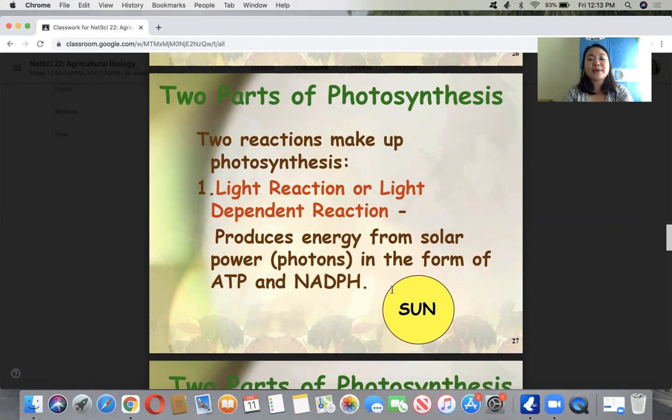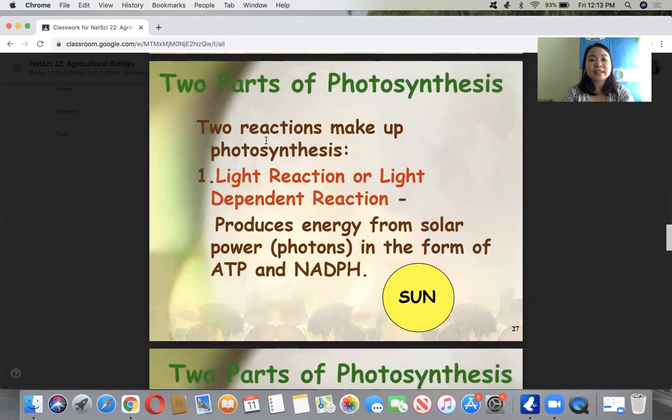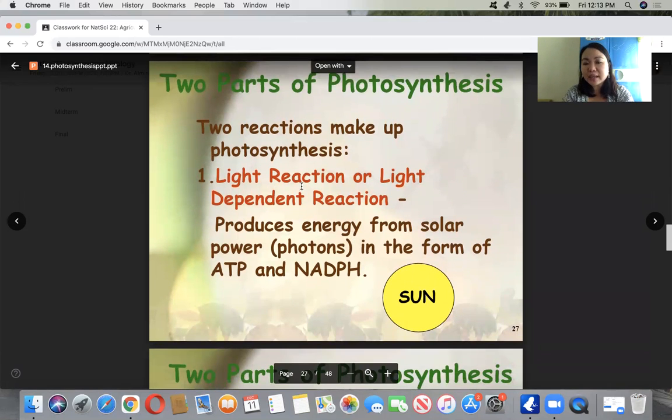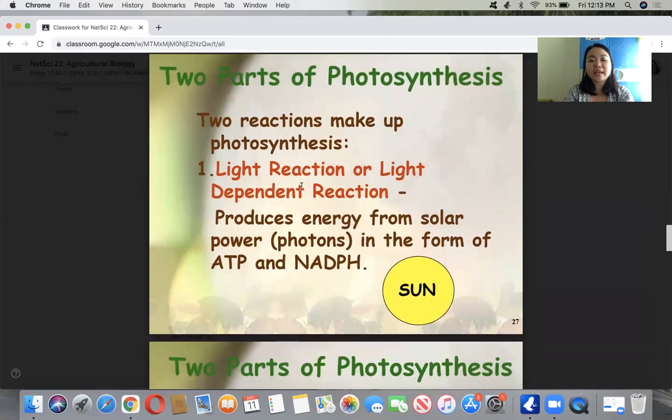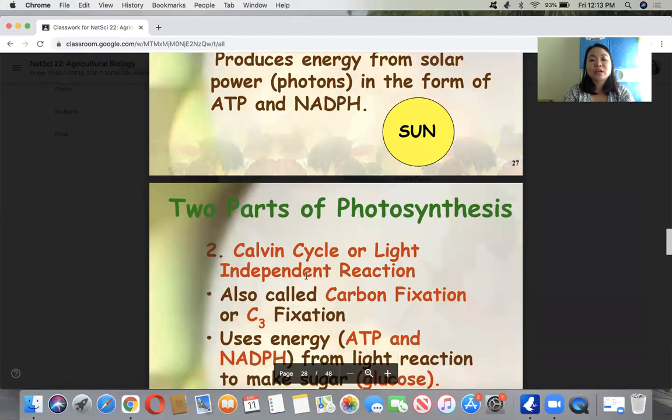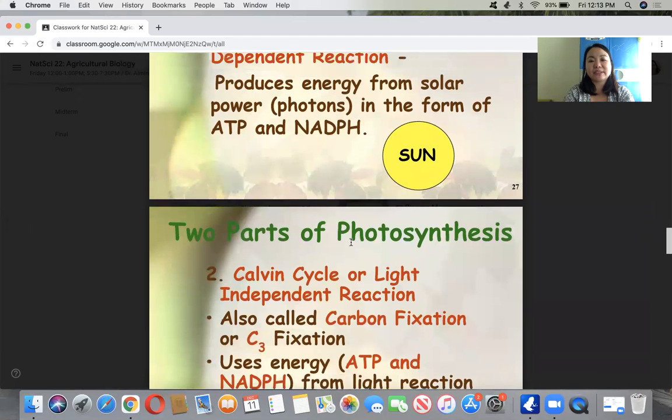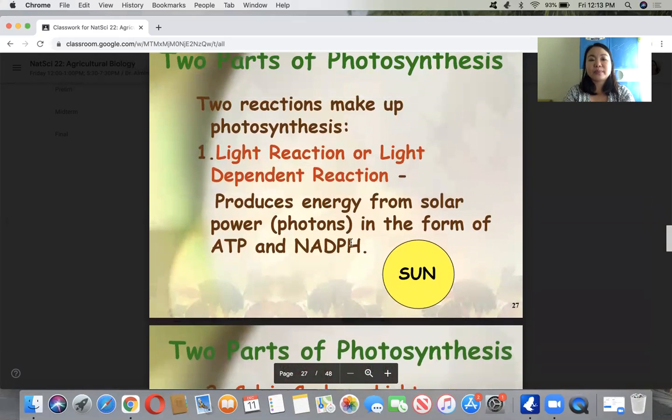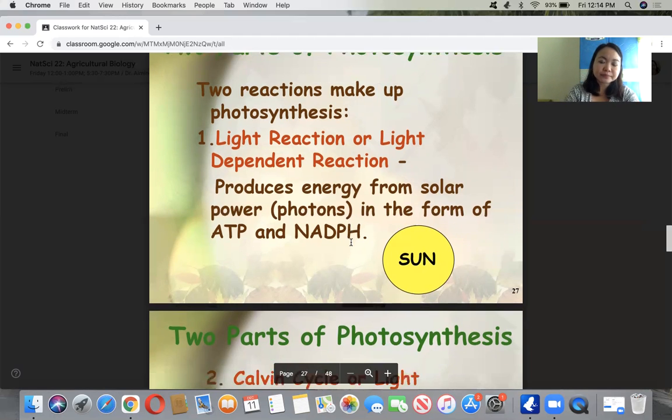But the other idea is that it has two reactions: the light reaction, and the light-independent reaction, known as the Calvin cycle. So photosynthesis actually happens with and without the presence of sunlight.